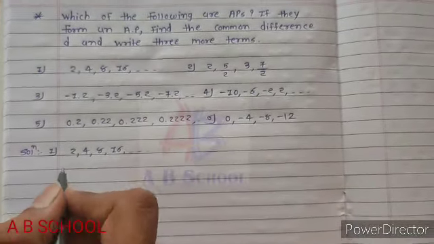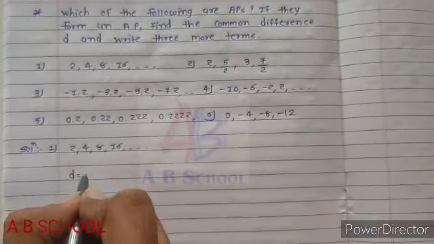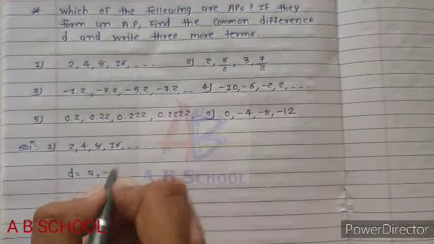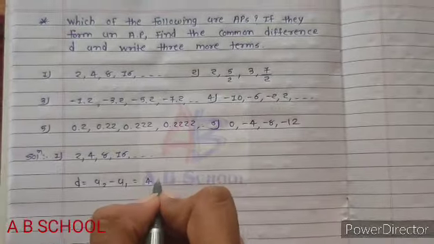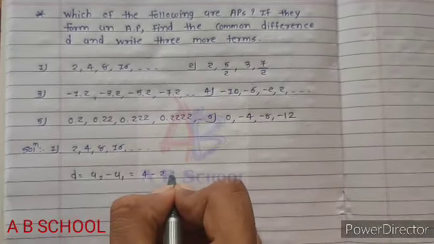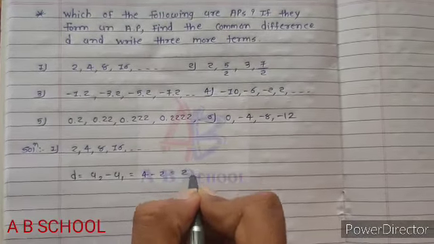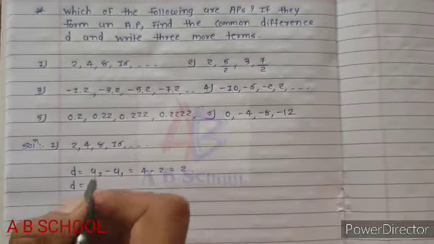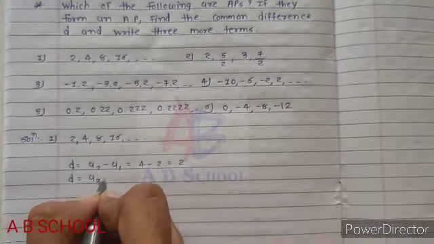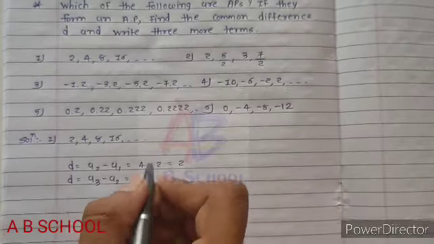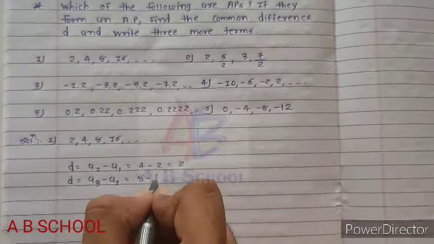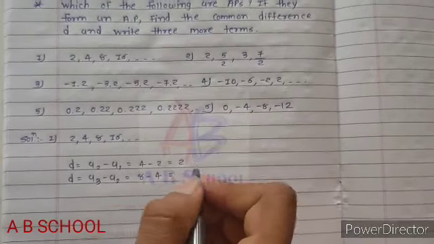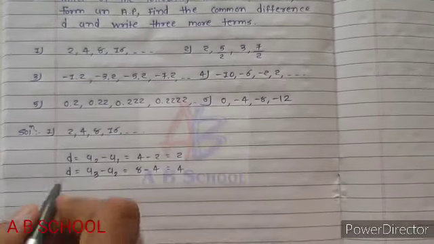So the common difference D is equal to A2 minus A1. Value of A2 is equal to 4 minus 2. So value of D is equal to 2. D is equal to A3 minus A2. Value of A3 is equal to 8 minus value of A2 is equal to 4. So 8 - 4 is equal to 4.